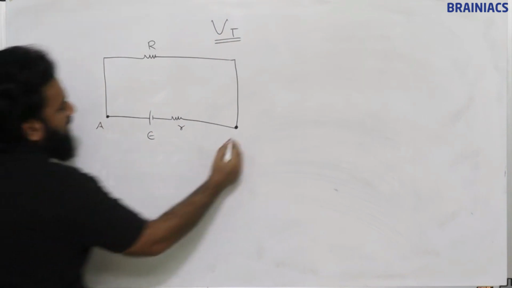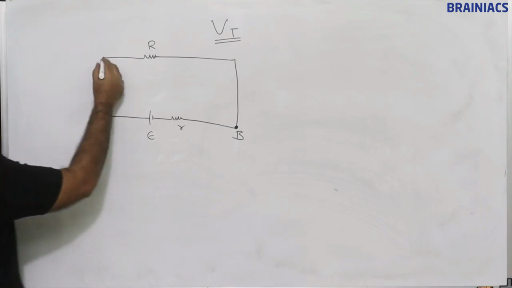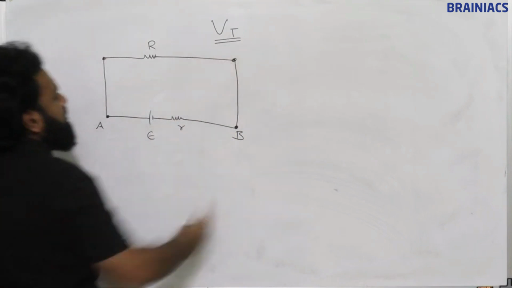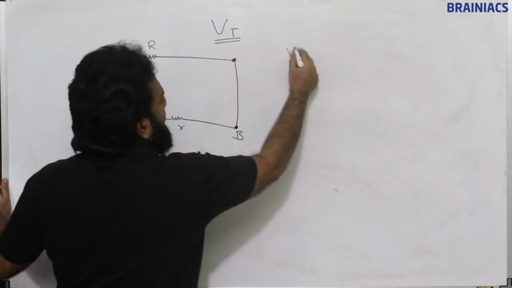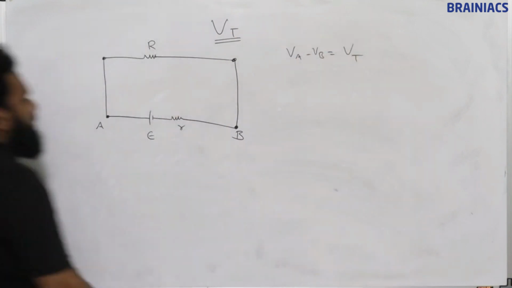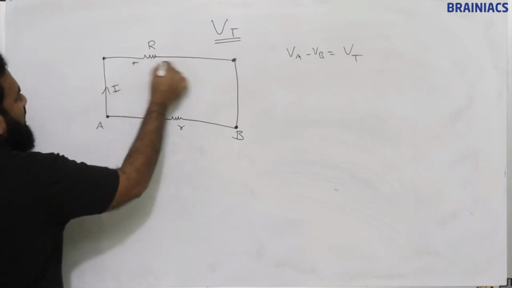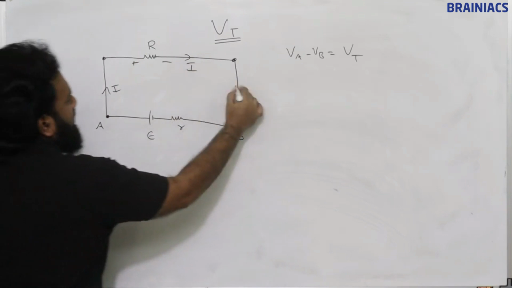Suppose this is terminal A and this is terminal B. That is the same as what? The terminal potential difference. Actually VA minus VB will be what? VT, the terminal potential difference. So in the same way, suppose the current is flowing like this, plus minus current.